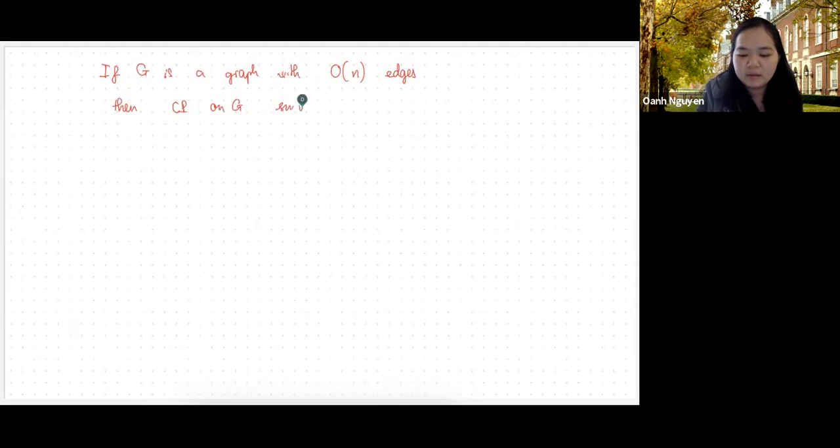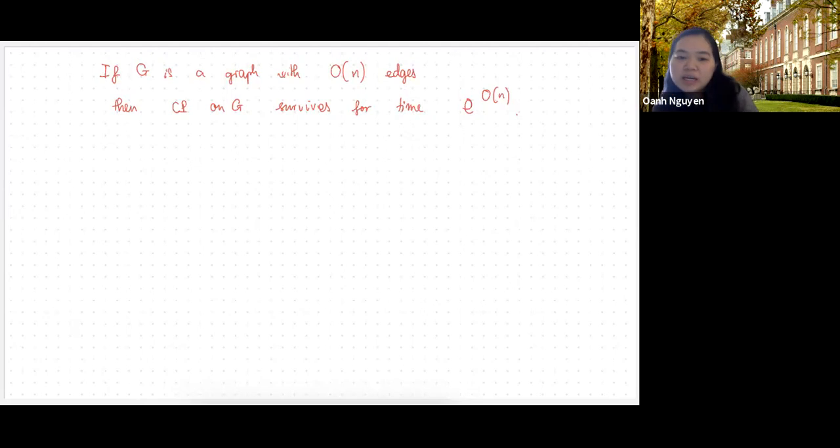So if G is a graph with big O of n edges, then the contact process on G survives for at most e to the big O of n. So this is the best thing that a contact process on G can do.